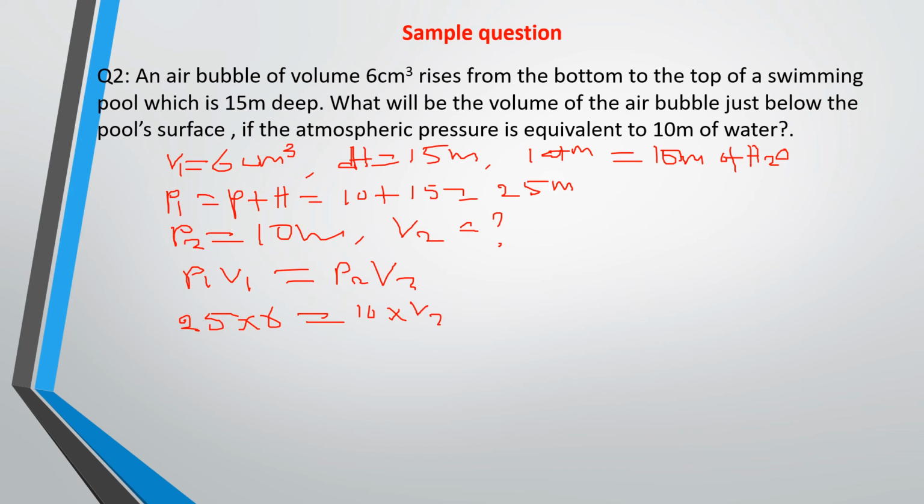So divide both sides by 10 to make V2 your subject of formula. You have V2 will be equal to 25 times 6 all over 10.